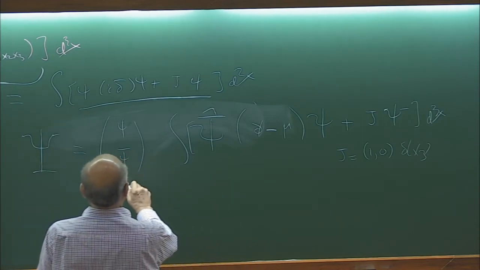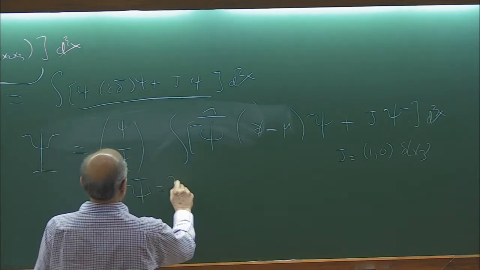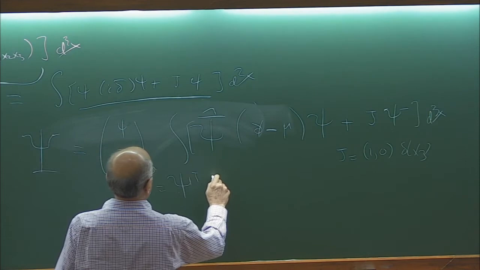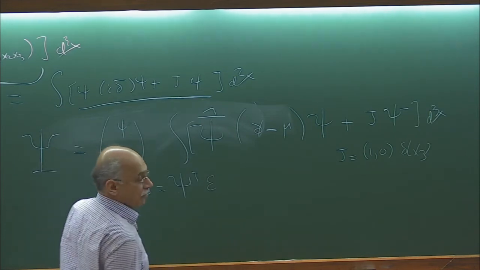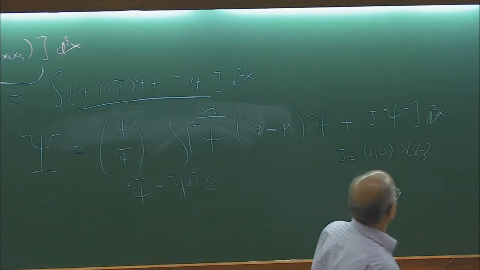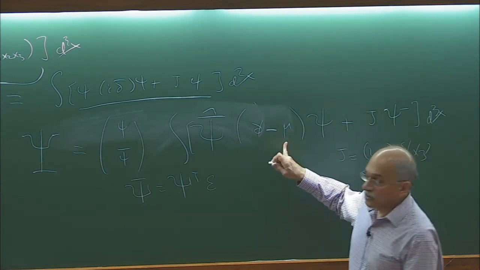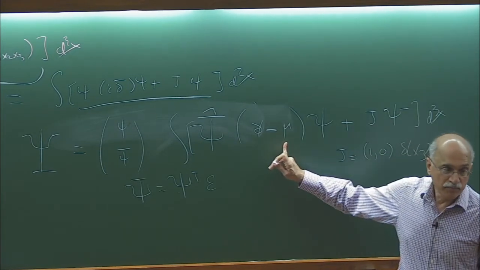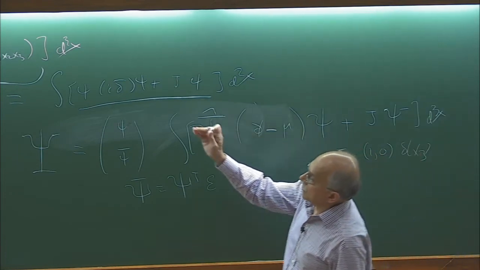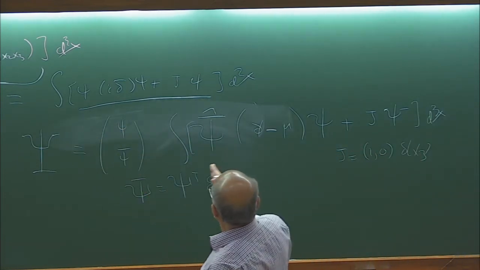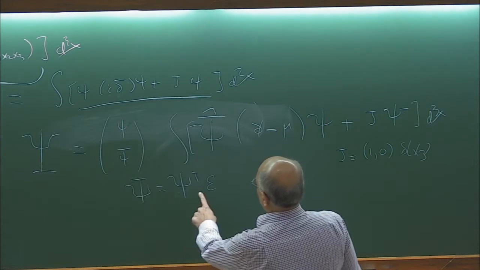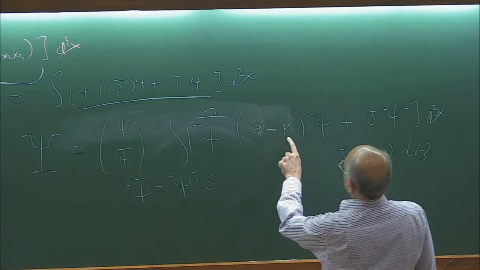And this psi bar is the old psi transpose times the epsilon matrix, which is the 1 minus 1 matrix. Because you know that the chemical potential mu in a Dirac theory should not couple to any gamma matrices. The original theory has some minus signs, and you absorb that in the psi bar and make it psi transpose and make it psi bar, so that this looks like a scalar.